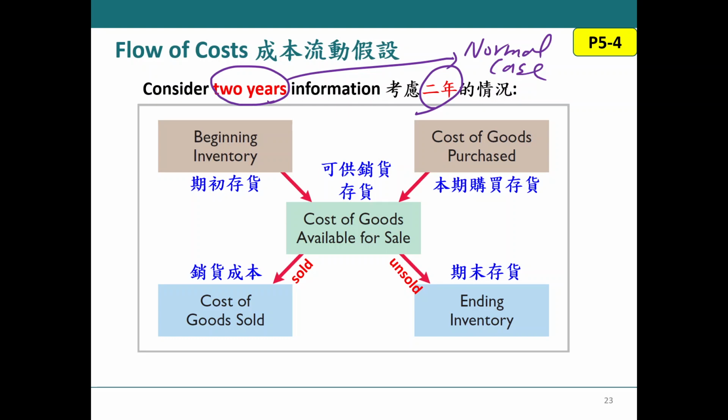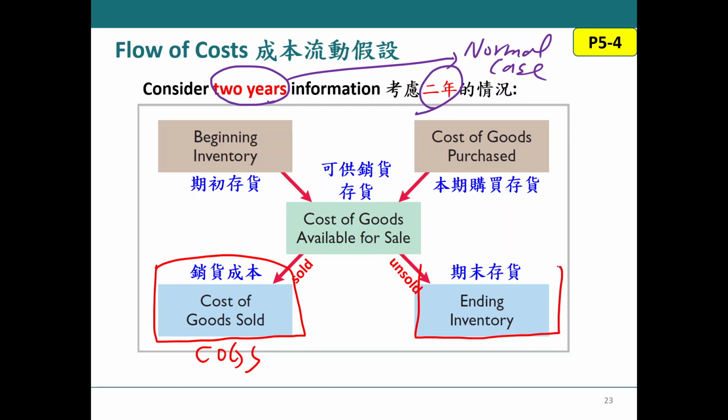This is our cost of goods sold. How to get your inventory still unsold? Okay, so this is sold. This is unsold.